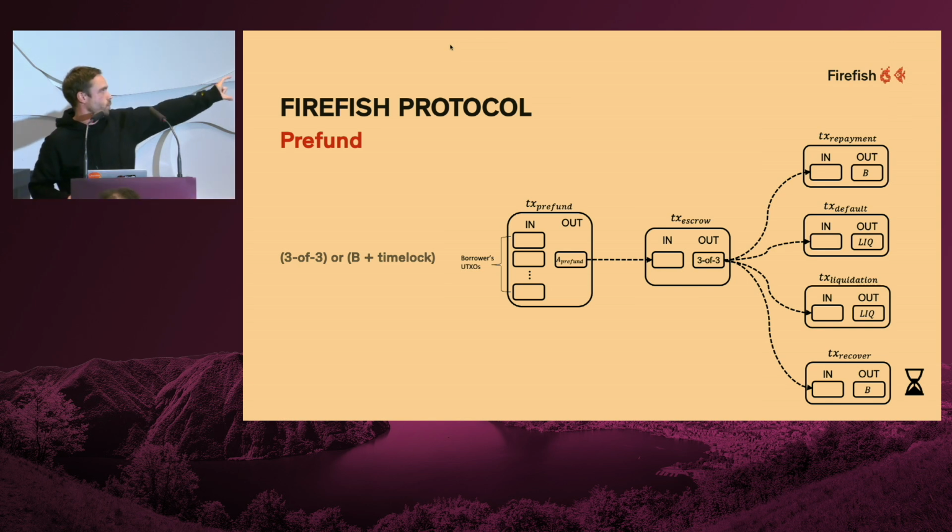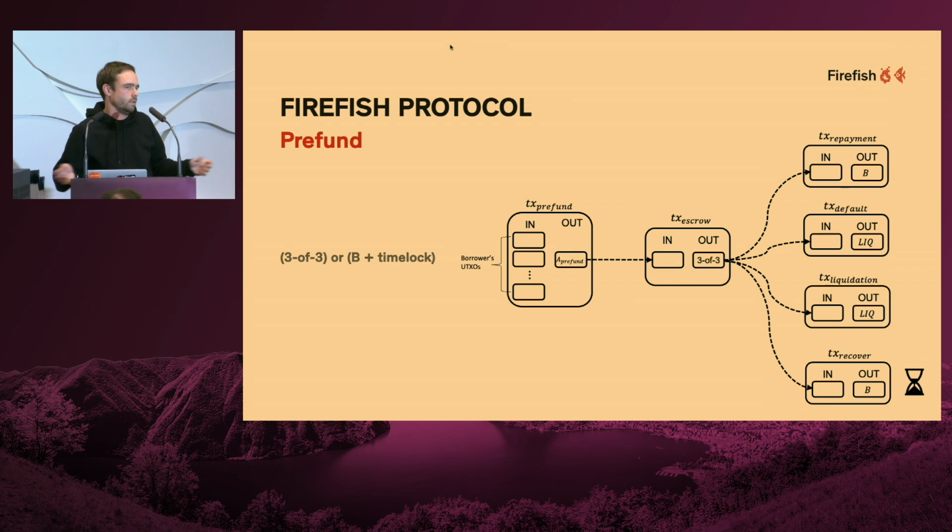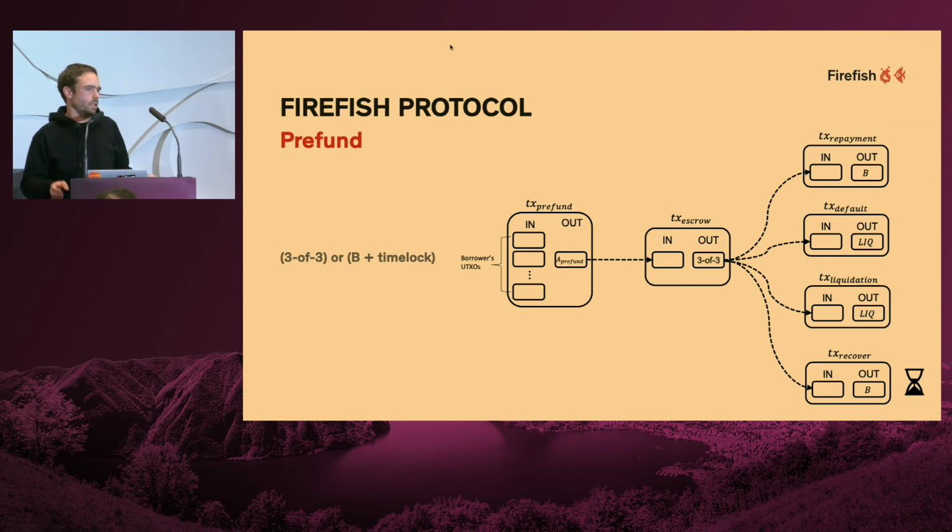What it allows is that at that point we know the UTXOs we will be spending in the escrow transaction. So we pay one on-chain transaction extra, but I think this is the price to pay for being very generic. You can use whatever infrastructure you please, and you just send the Bitcoin to a specific address. So the interaction with the protocol became much simpler.